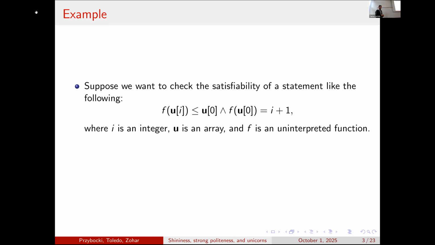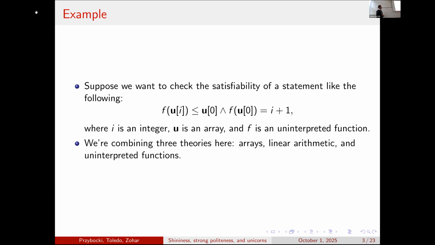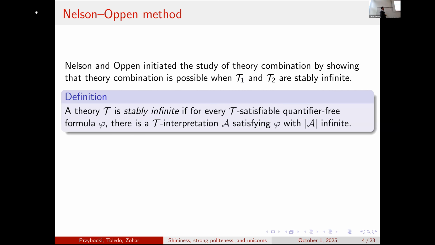So we're really working with three different theories at the same time here, namely arrays, linear arithmetic, and uninterpreted functions. These are three theories that are each decidable on their own. But the question is, how can we take those decision procedures and modularly combine them to decide the satisfiability of a sentence like this one? That's a motivating example for theory combination.